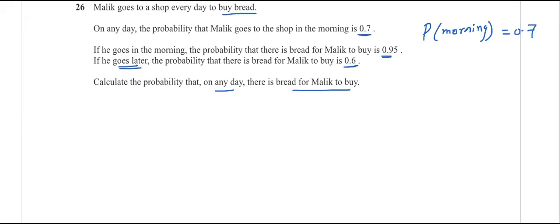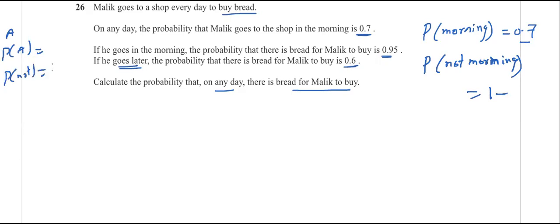For example, the probability that Malik goes to the shop in the morning is 0.7, so the probability of not going in the morning will be 1 minus 0.7, because for an event A, the probability of not A is 1 minus the probability of A. So the probability of not going in the morning will be 1 minus 0.7, that will be 0.3.